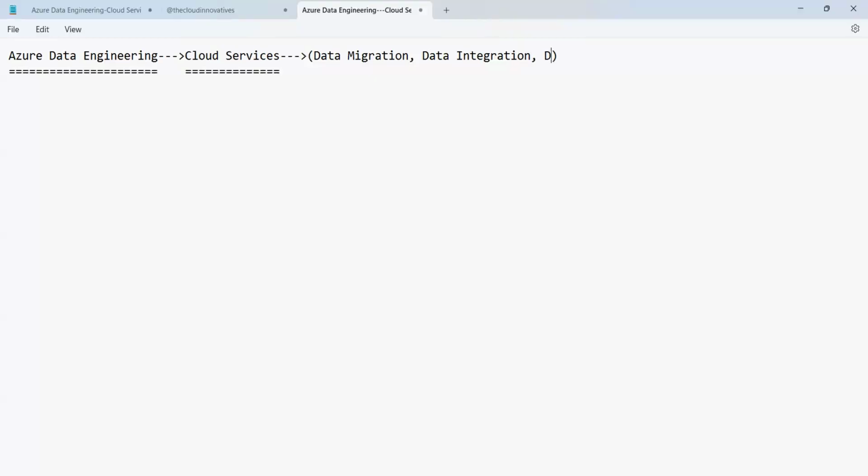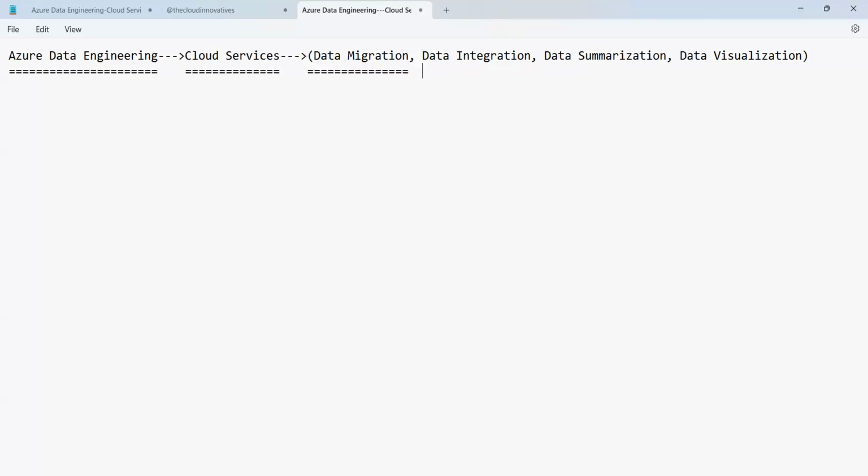then you have also data summarization, and then you have also data visualization. So guys, these are all the jobs we can perform by using the Azure Data Engineering.